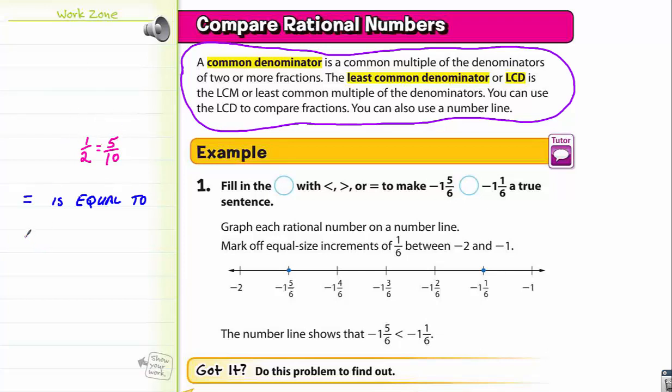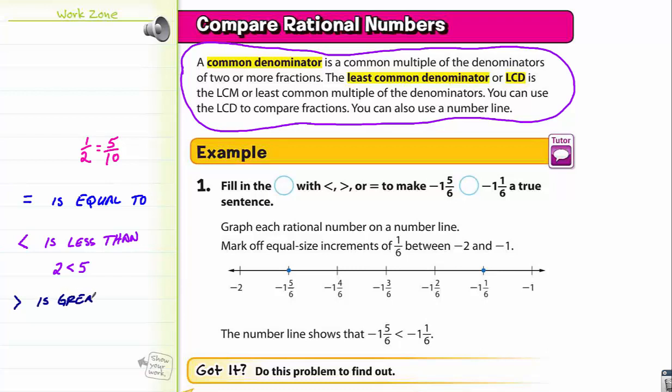The second comparison symbol is this one, is less than. The smaller number, and then the symbol, and then the bigger number. So, for example, 2 is less than 5. And then our last comparison symbol, this one, is greater than.